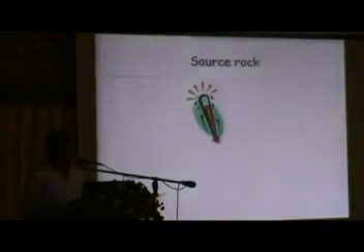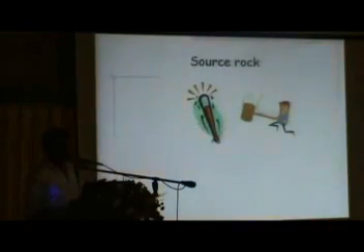Summarizing the major idea: as I said earlier, all of these rocks are made from a source. And what are the major physical factors affecting them? The temperature and the pressure.